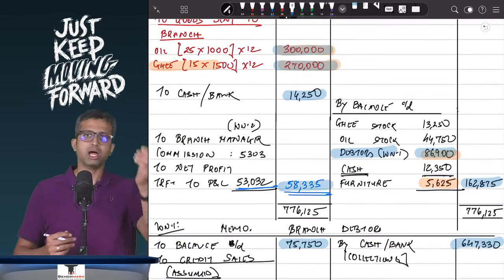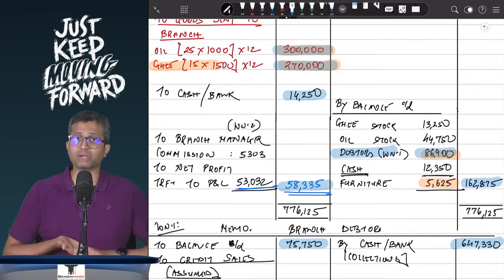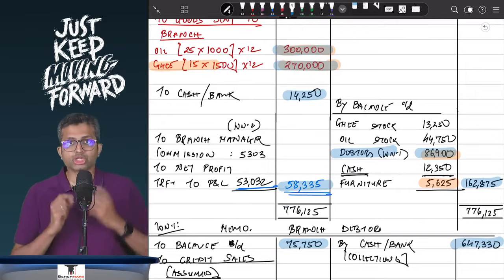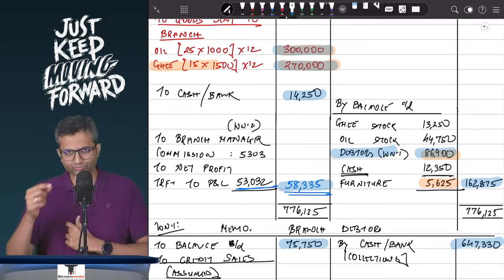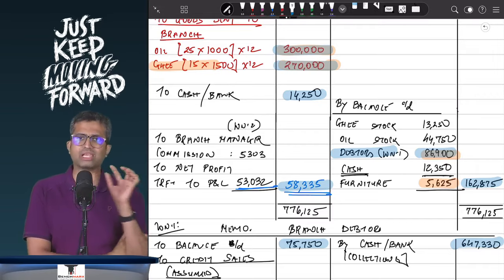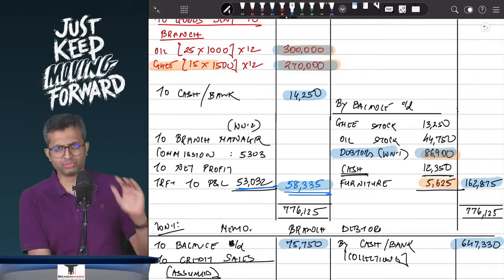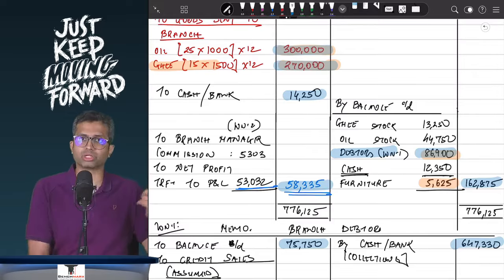However, there's some branch manager's commission as well. Now, this is 10% of the net profit after deducting that commission. So, if your total profit is 100, out of that 100, 10% will be your commission. So, let the net profit after commission be 100, commission will be 10% on that, and hence the net profit before the commission will be 110.